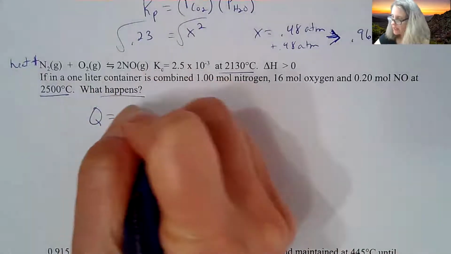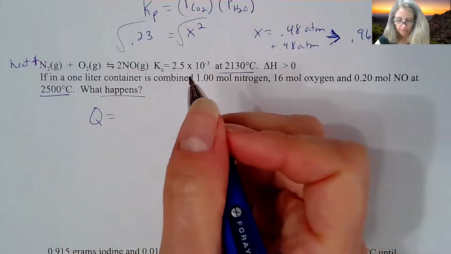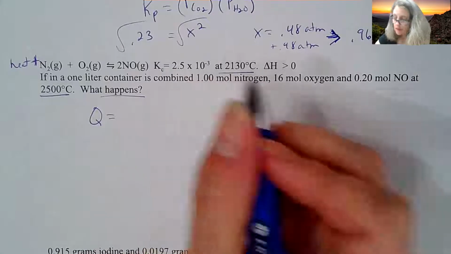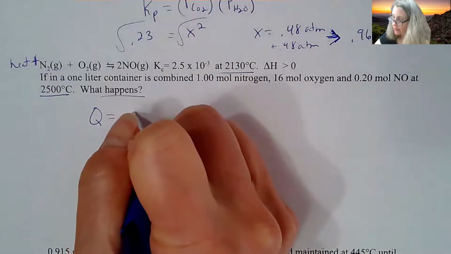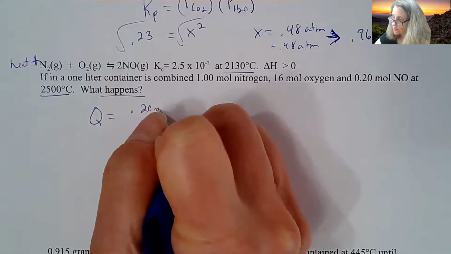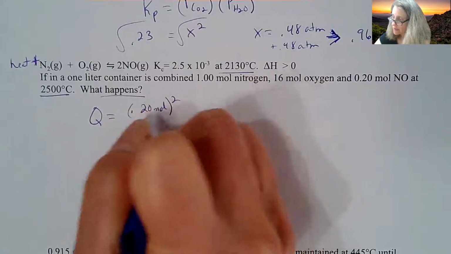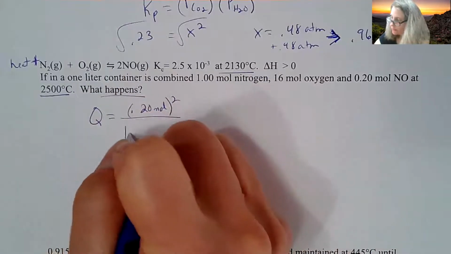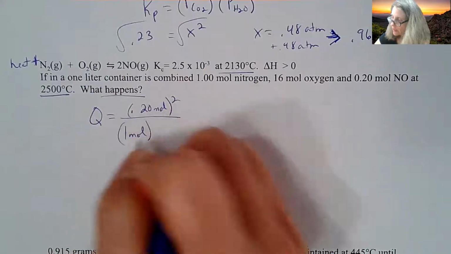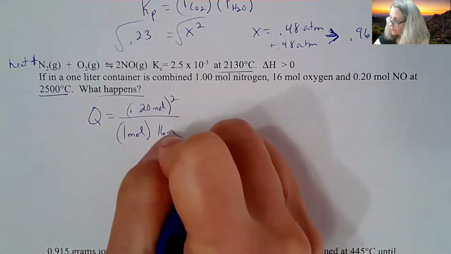Now, I'm going to do this as moles, and I'll explain why I could do that. So I have 0.2 moles on the top, and that's going to be squared. And on the bottom is 1 mole and 16 moles.